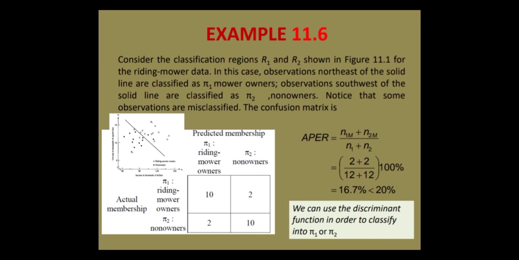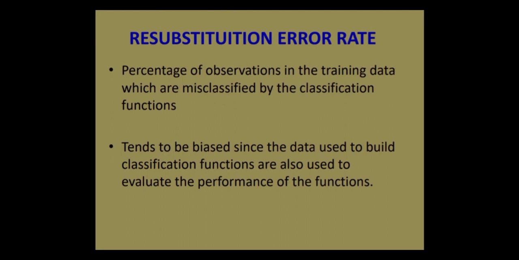Kita gunakan this confusion matrix untuk nak evaluate the performance of the function yang kita create tadi. So daripada sini kita dah ada value ni, kita boleh kira APER, tengok dia punya percentage. Itu adalah resubstitution error rate.